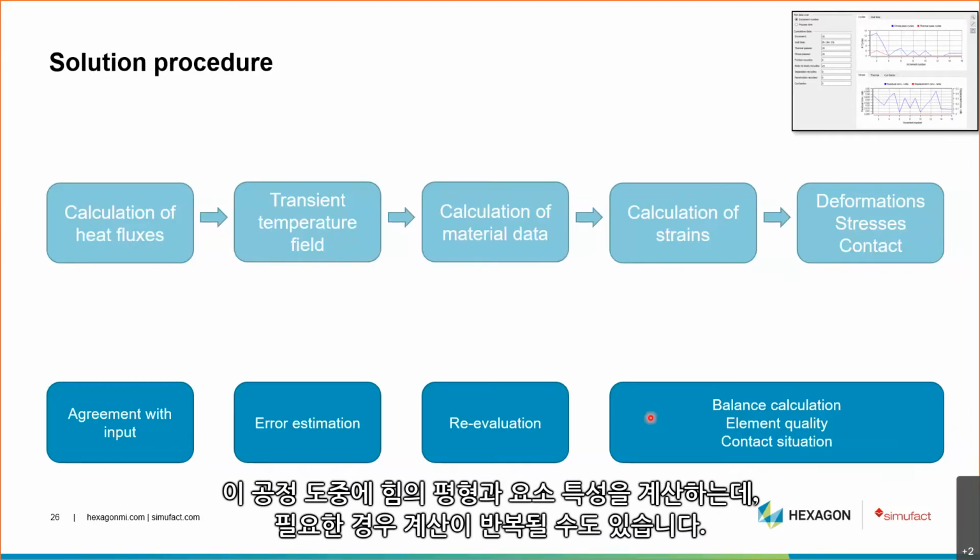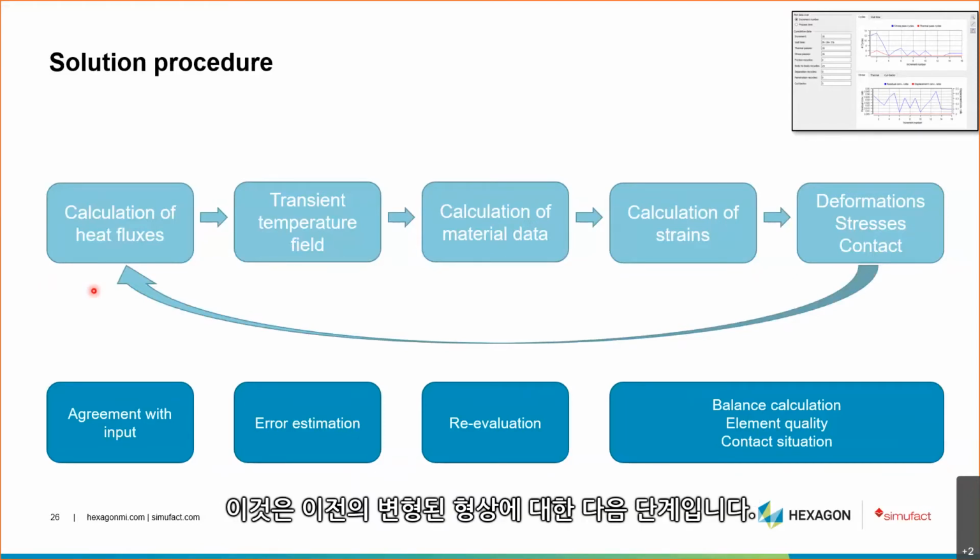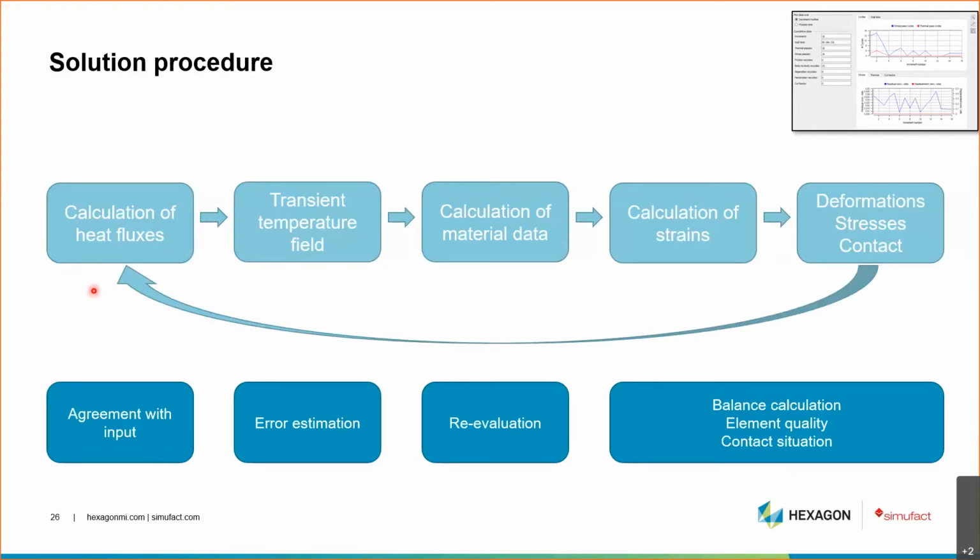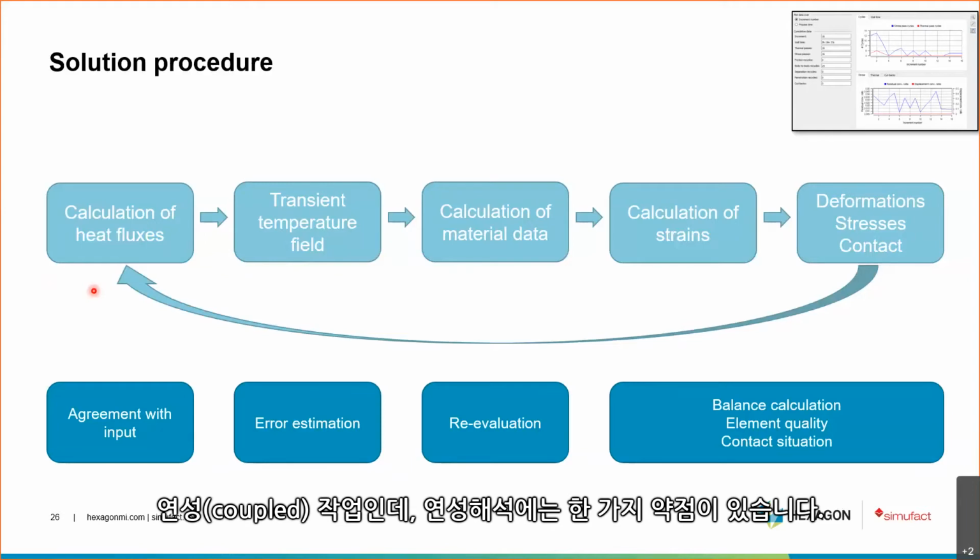And during this process, we calculate the force balance, element quality, and if needed, the calculation is done over and over again. If we are done at this point, then we spring back to the next time step, to the calculation of heat fluxes for the next time step based on deformed configuration from the previous one. So this is basically what a coupled analysis is doing.